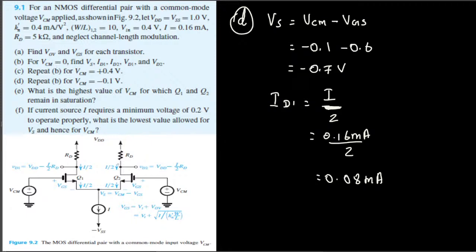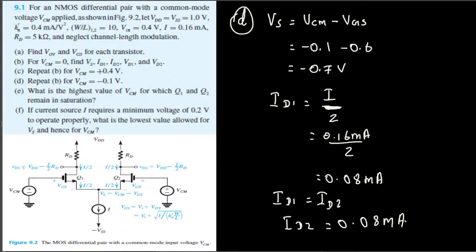So you can say ID1 is equal to ID2, therefore ID2 is also equal to 0.08 milliampere. And now we have found VS, ID1, ID2, and the next one is VD1.